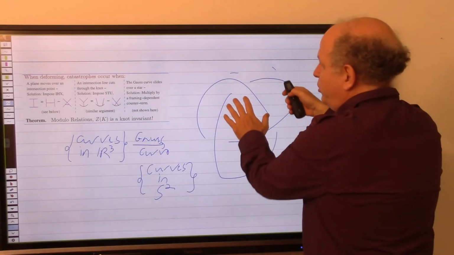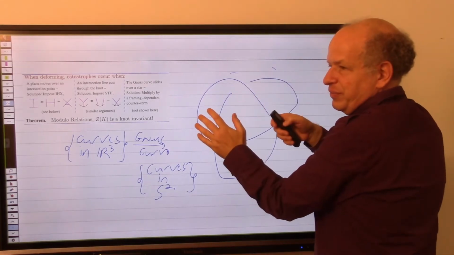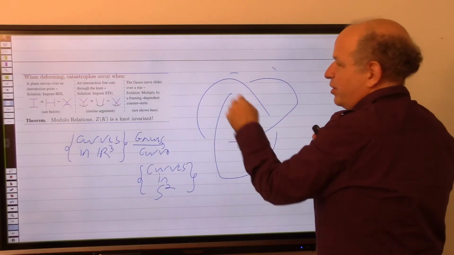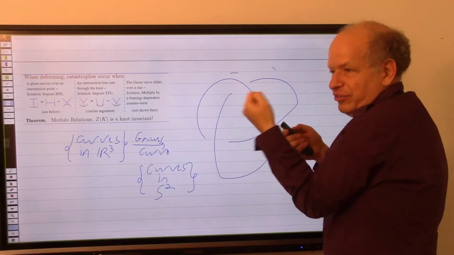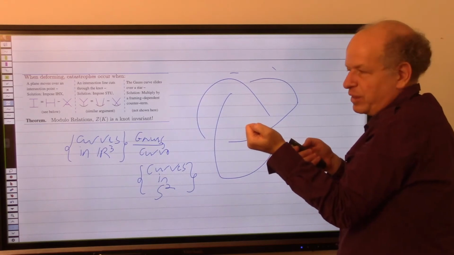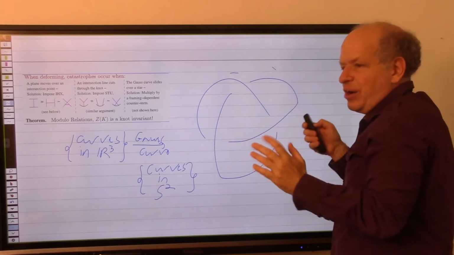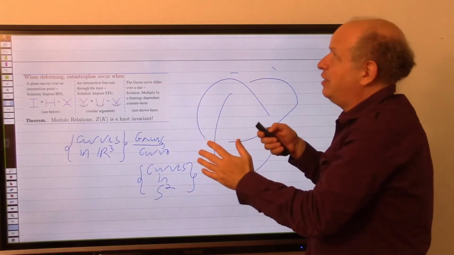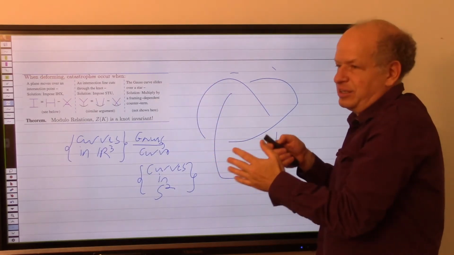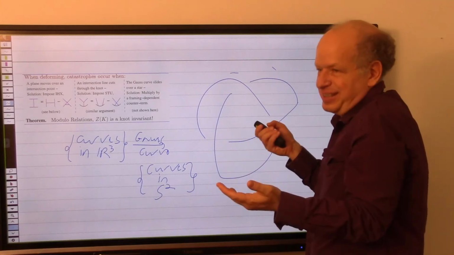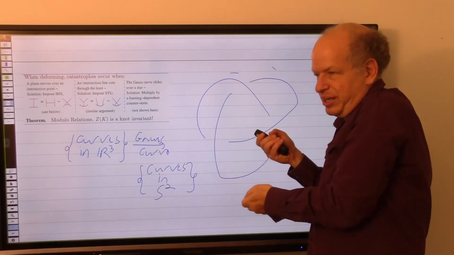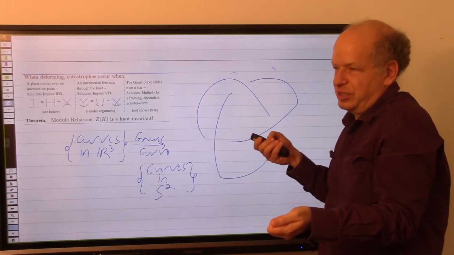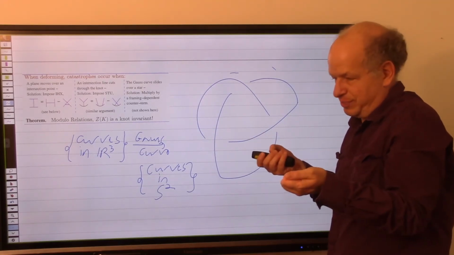Now, when you deform the knot, or when you move the stars, we also have the stars in heavens. Generically, you have finitely many stars in heavens, and the Gauss curve misses them, because a random curve is not going to meet a random collection of points for dimensional reasons.